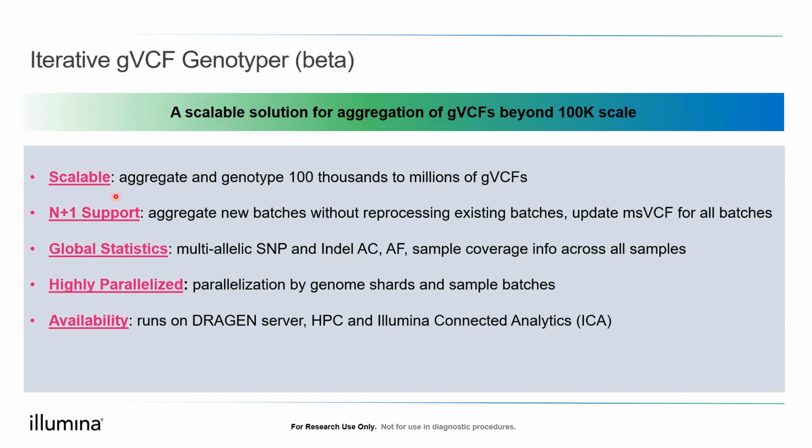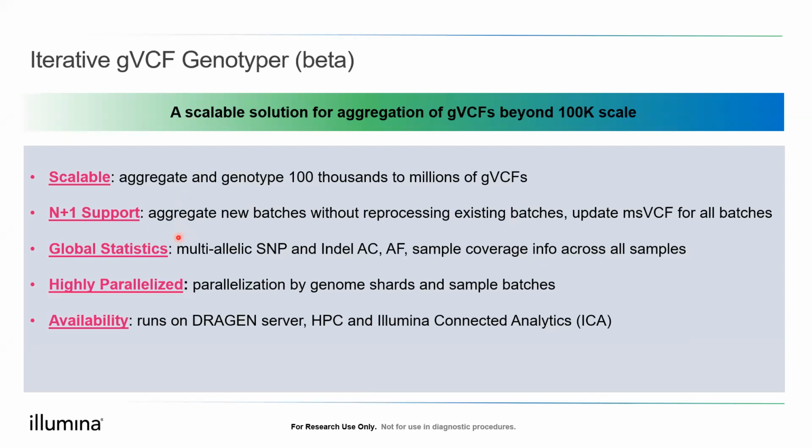One is that it has to be scalable: aggregate and genotype thousands of samples to millions of gVCFs. You should have N+1 support, which essentially means that new batches can be added without having to reprocess existing batches, and we should be able to efficiently update the multi-sample VCF of all the batches of cohorts that we have analyzed.